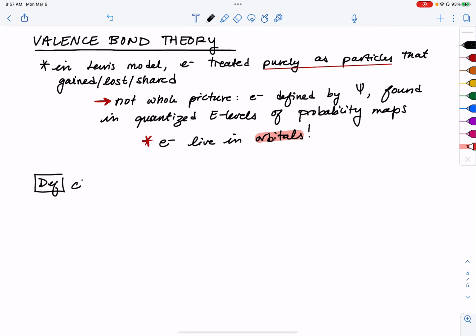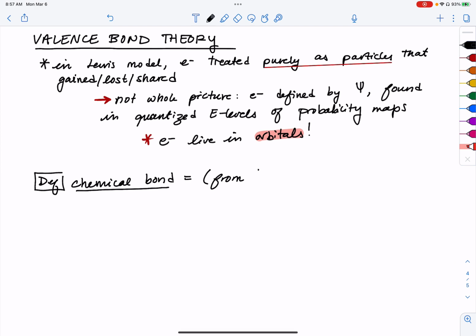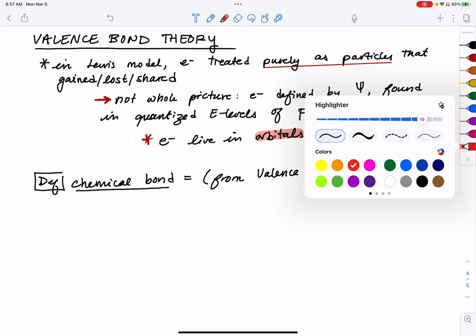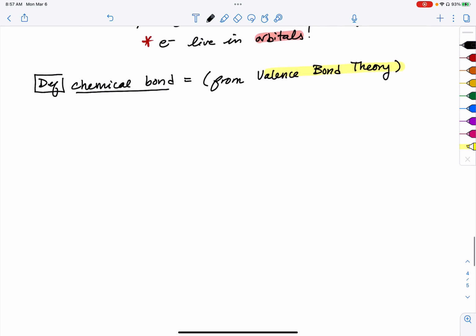So let's define a chemical bond as a result of our first kind of quantum incorporating bonding model, called valence bond theory. According to valence bond theory, we're talking about a covalent chemical bond.